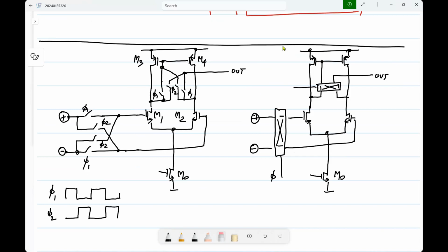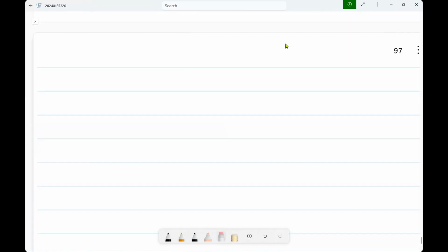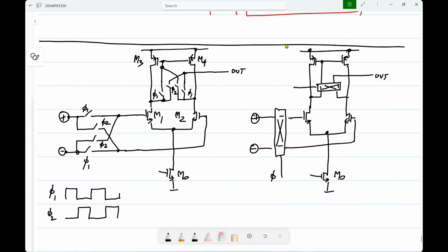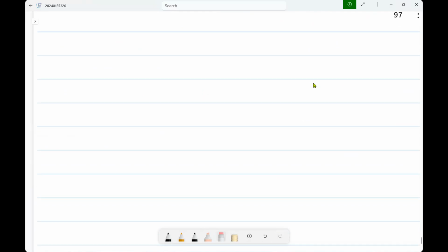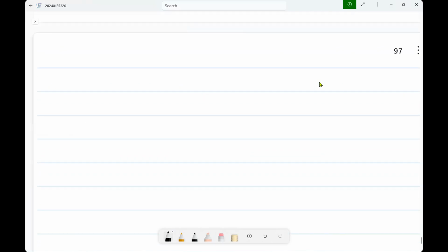Okay, so now we are done with the single stage op amp. Okay, and we understand all the specifications. So now we move on to higher number of stages. Okay, and then to fully differential op amps. Or maybe, oh, I forgot the cascode op amps.